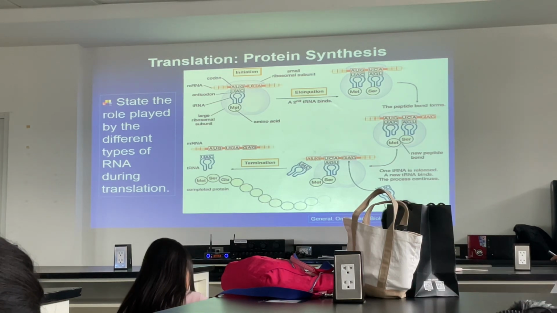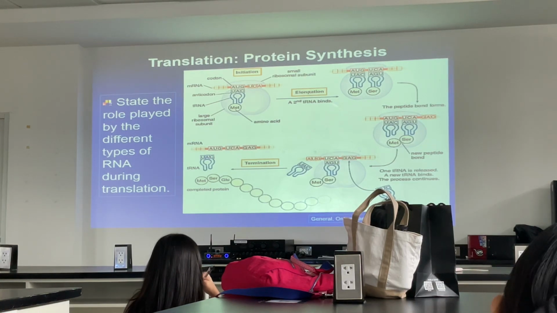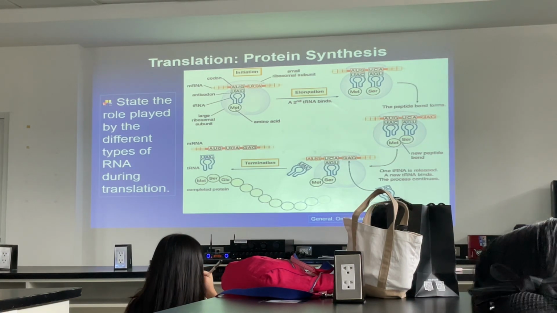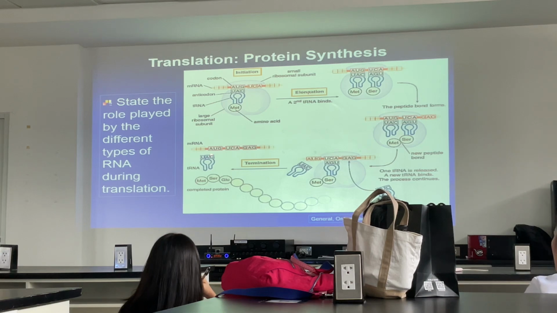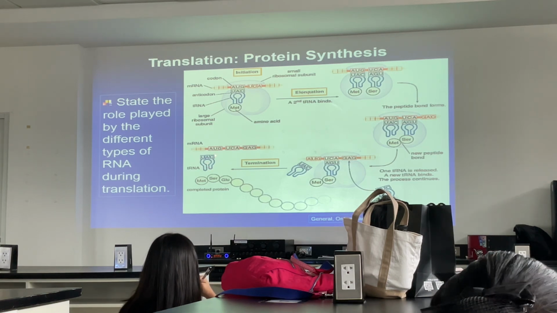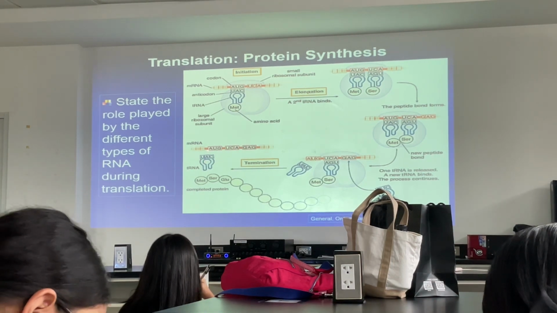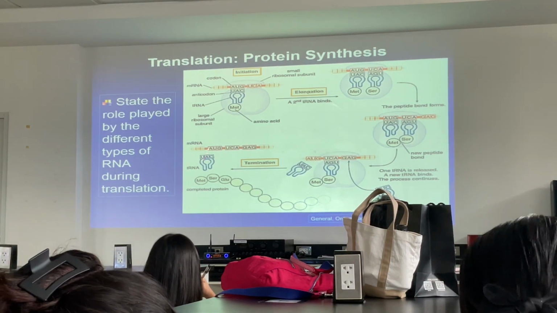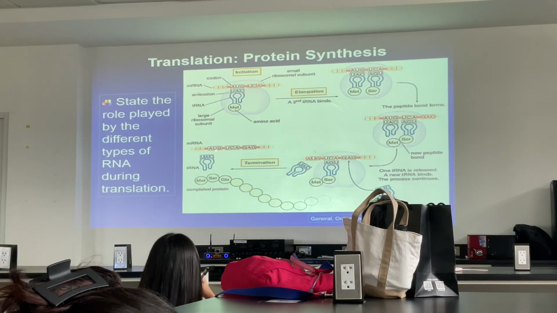What makes it possible for tRNA to bring the correct amino acid during protein synthesis? In a certain portion of the tRNA molecule, which we call the anticodon arm, there is what we call an anticodon that is complementary to the codon in the mRNA.